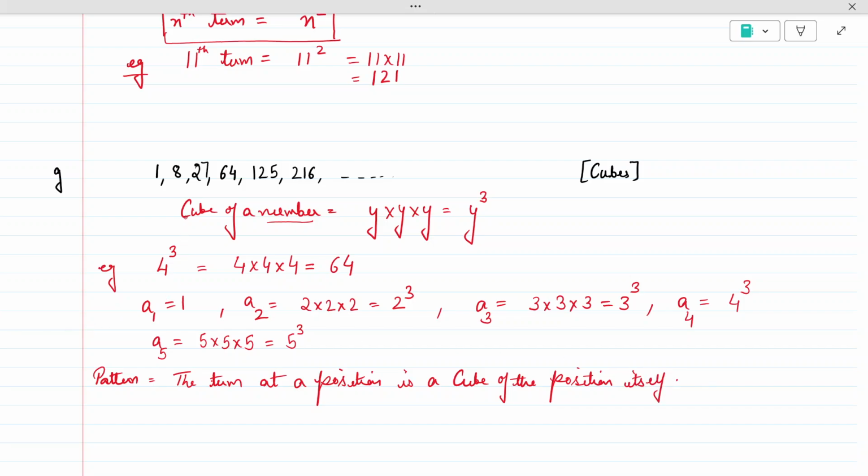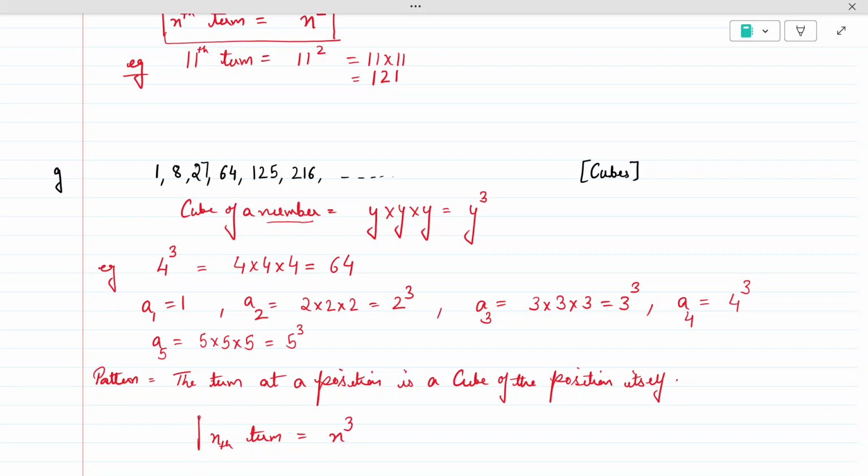Because the term at 1 is the cube of 1. 1 cube is 1. The term at the second position is the cube of 2. The third is a cube of 3, the fourth is a cube of 4, the fifth is a cube of 5. So that means the term at the nth position will be the cube of n. Because we have seen the term at any position is the cube of that position itself.